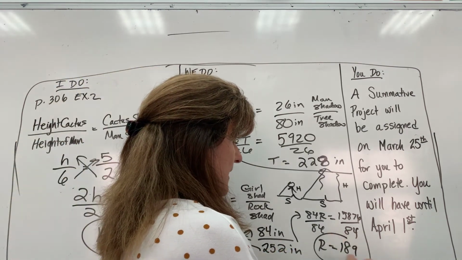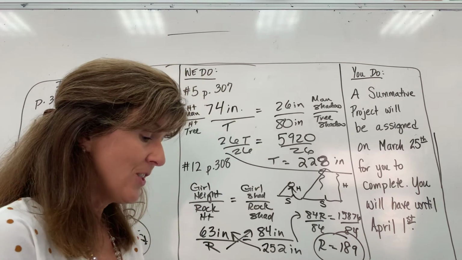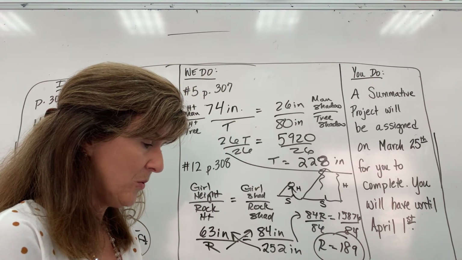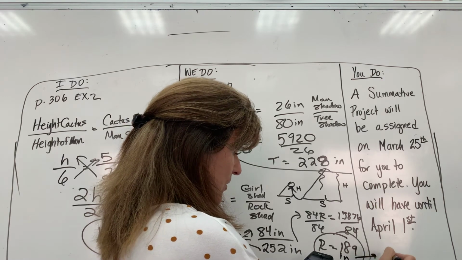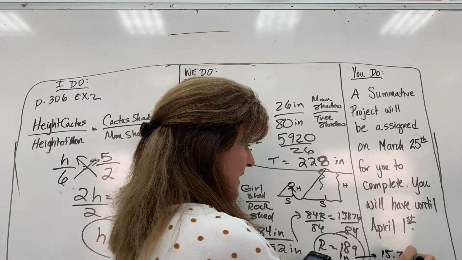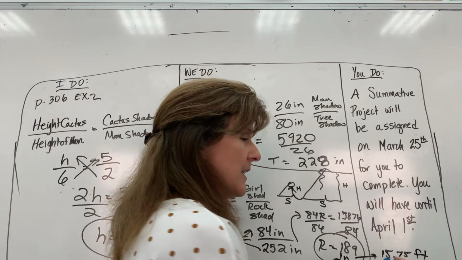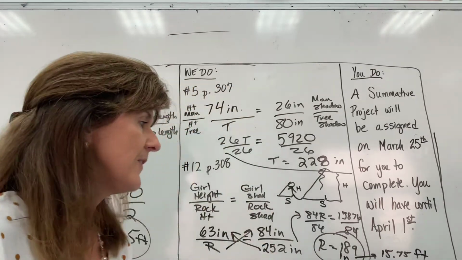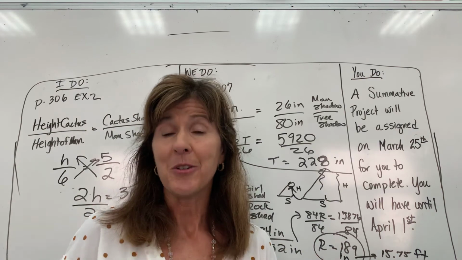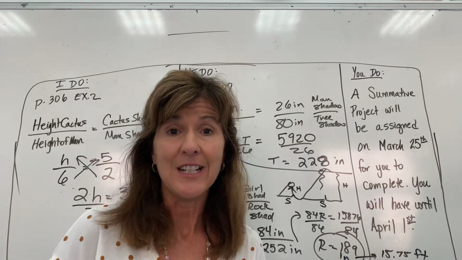So the rock is about 189 inches. If you want to divide that into feet, you could do 15.75 feet. So it's easy to translate back and forth between inches and feet. I will accept either answer, either in inches or feet.